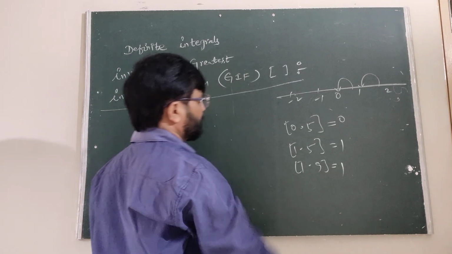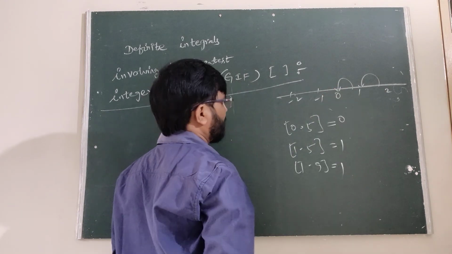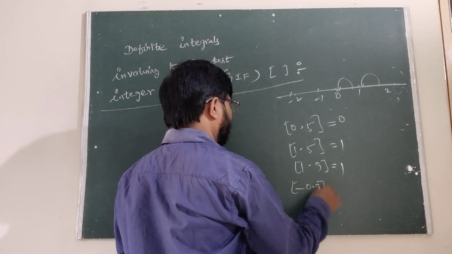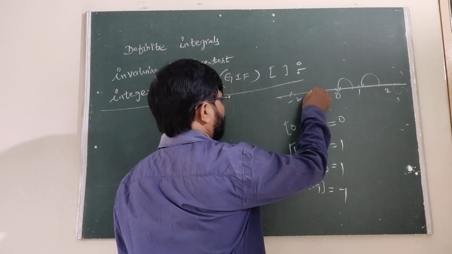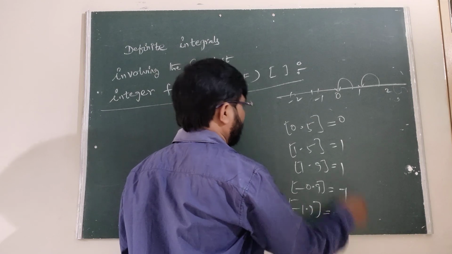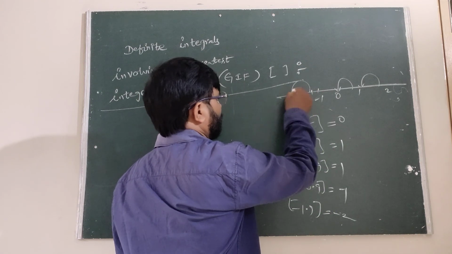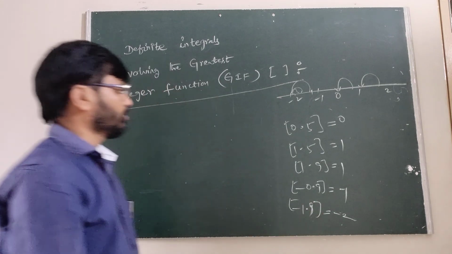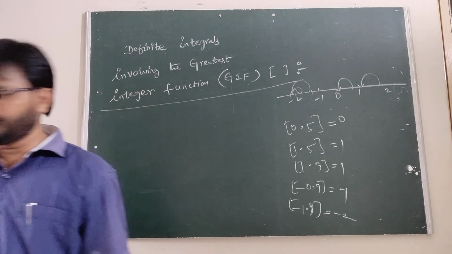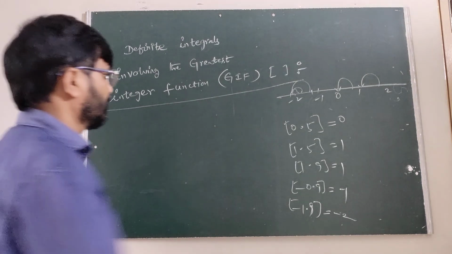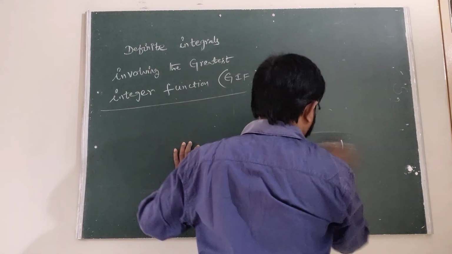Minus 0.9 is minus 1. Minus 1.9 is minus 2, and these all belong to minus 2. Therefore, we have to find the definite integrals involving the greatest integer functions. How do we find this?